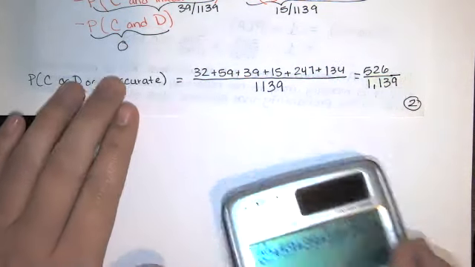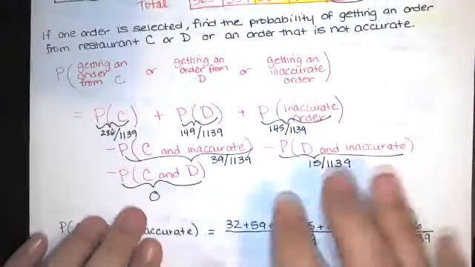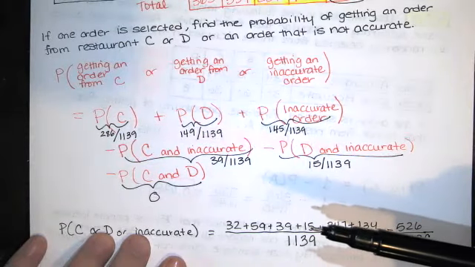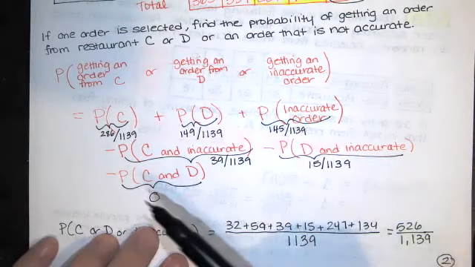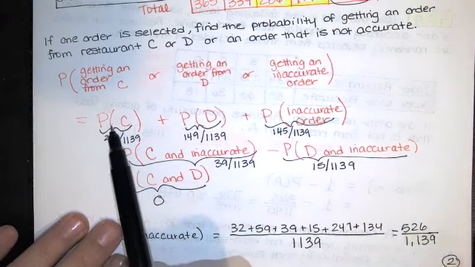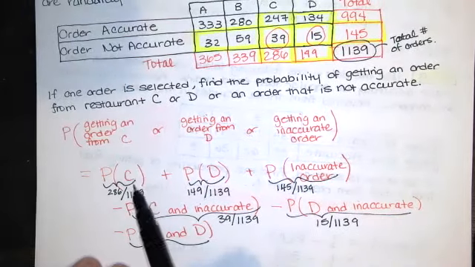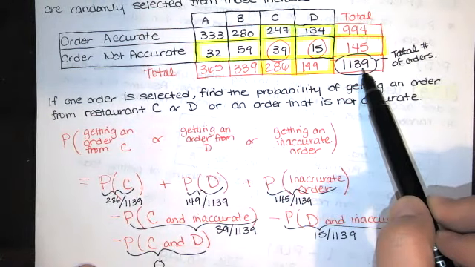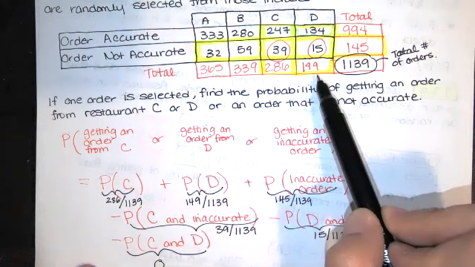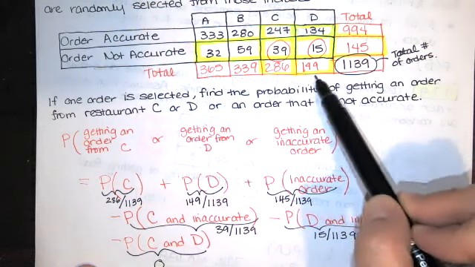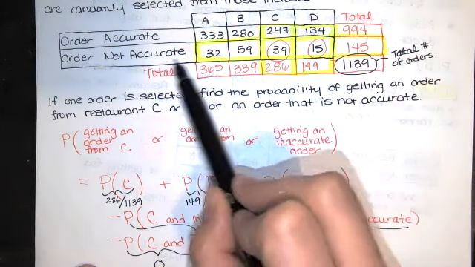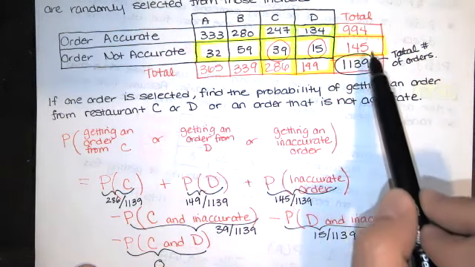That's the intuitive approach. Now, I claim that the intuitive approach gives us exactly the same result that we would get using the addition rule. So we take the probability of choosing an order from restaurant C, which is that 286 out of that 1139. And then we add the probability of choosing an order from restaurant D, which is 149 out of 1139. And then we add the probability of selecting an inaccurate order, which is 145 over 1139.